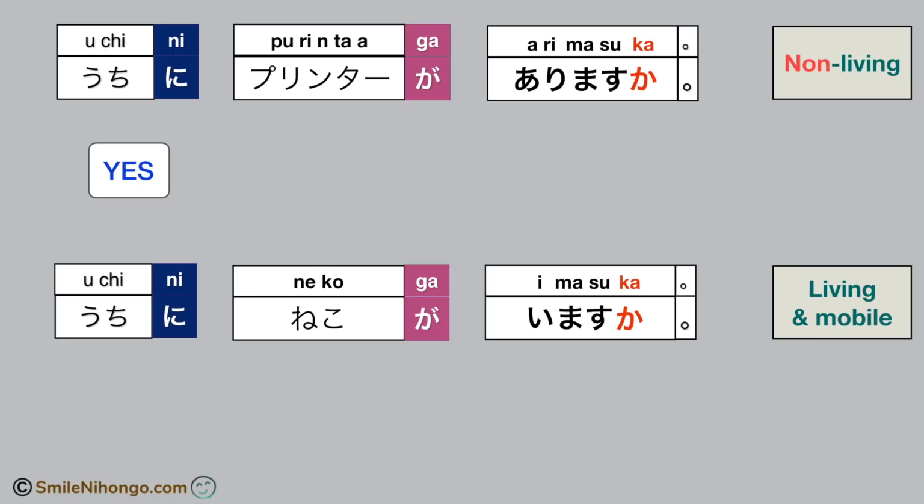To answer yes, you say はい、あります。You repeat the same verb as in the question.